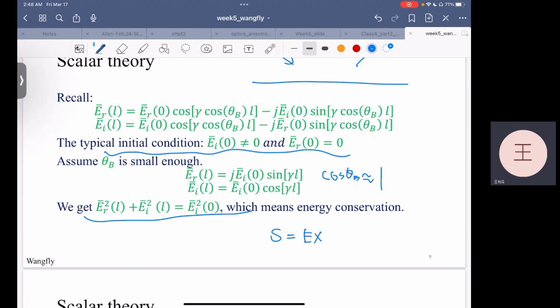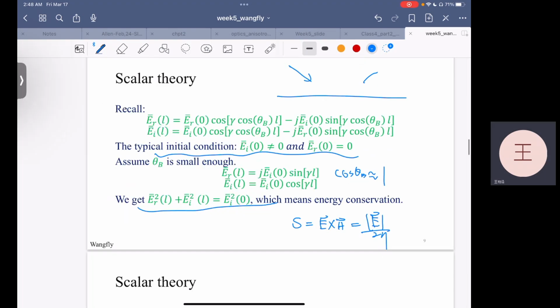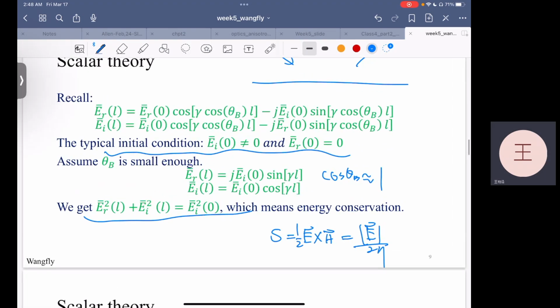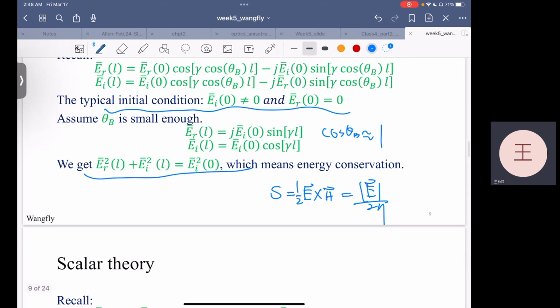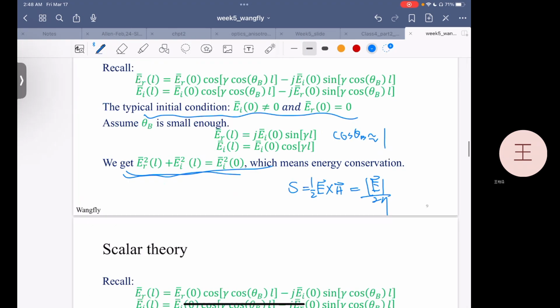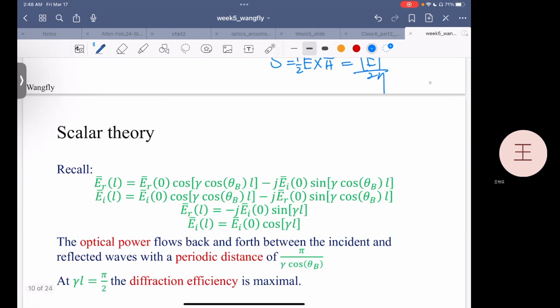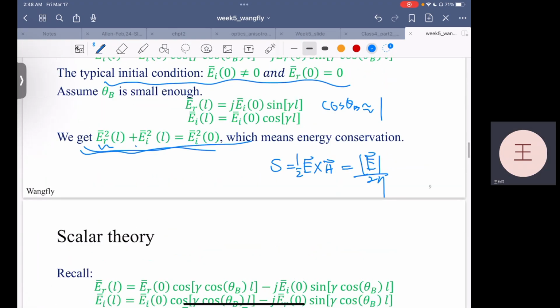The Poynting vector stands for the energy, and it can be approximated this way. This form gives us the energy conservation, because they are all in the same medium.